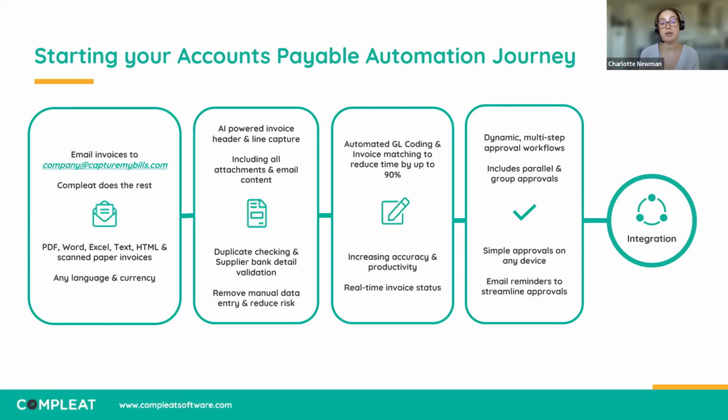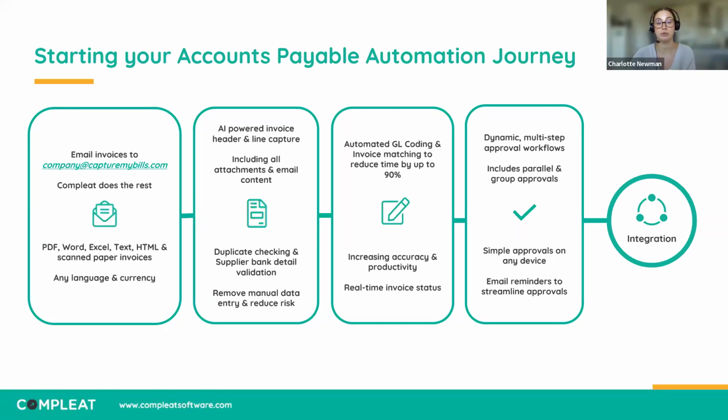Because we offer real-time integrations with accounting software, we perform duplicate invoice checking and supplier bank detail validation, all to reduce risk and increase productivity, with further features including default analysis coding and automatic matching of invoices to purchase orders.